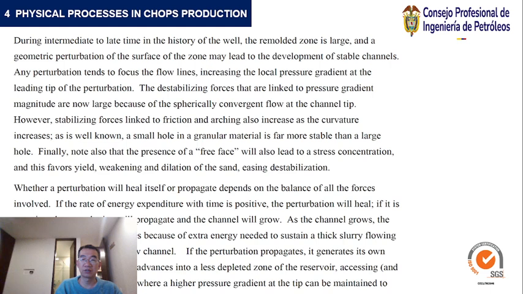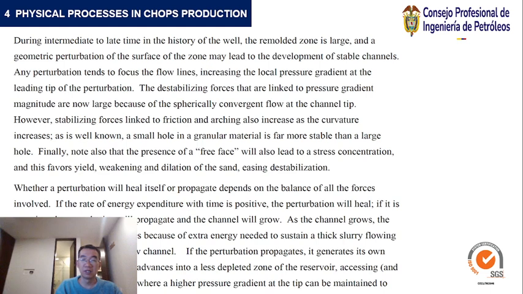As the channel grows, the energy expenditure rate changes because of extra energy needed to sustain a slurry flowing a long distance through a narrow channel.